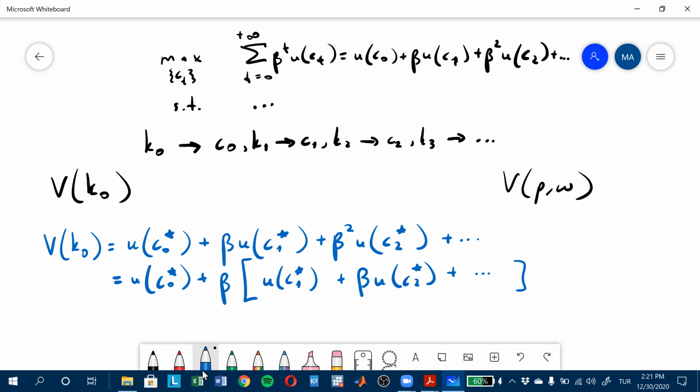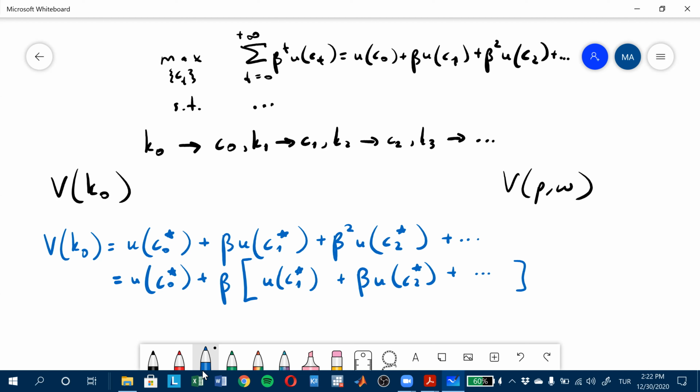You see what happened? Now we have two parts. The first part maximizes my current utility. And the second part is the maximized value of the problem starting at the beginning of period 1, and its discounted value, right?